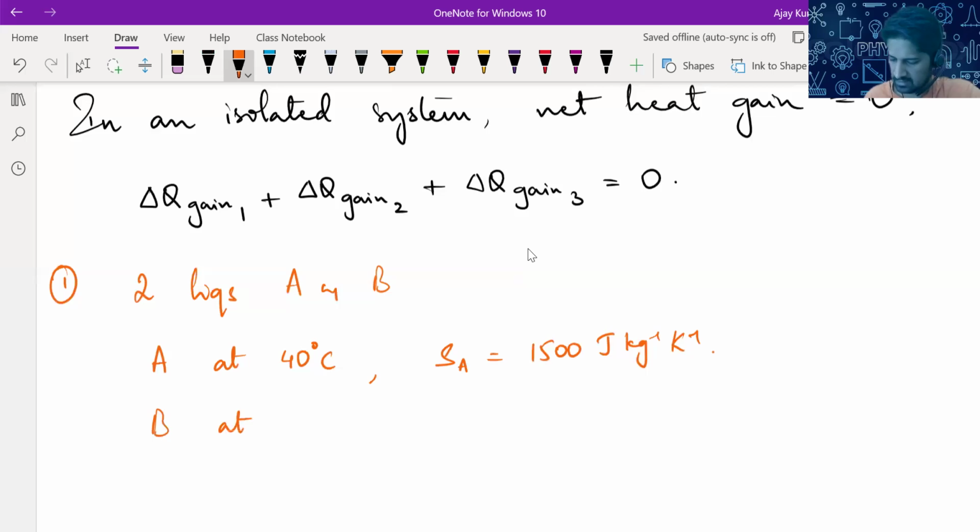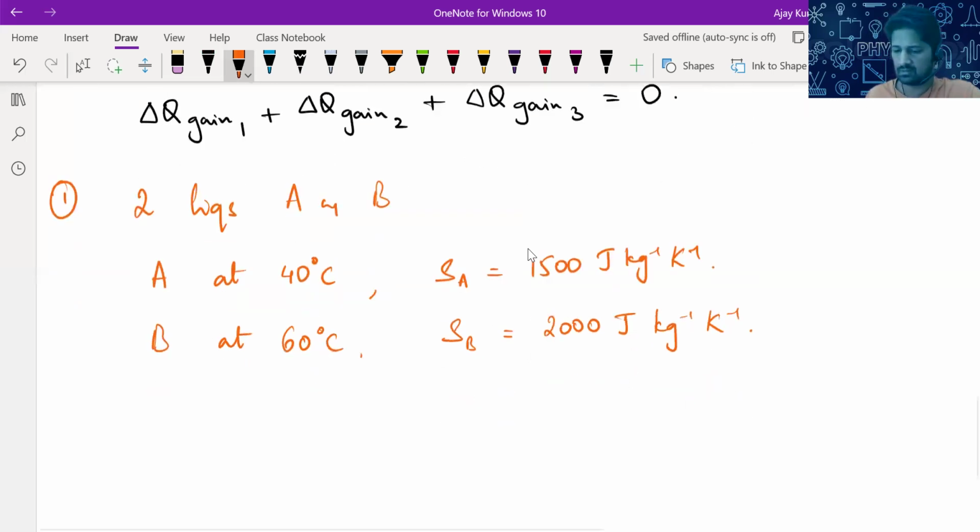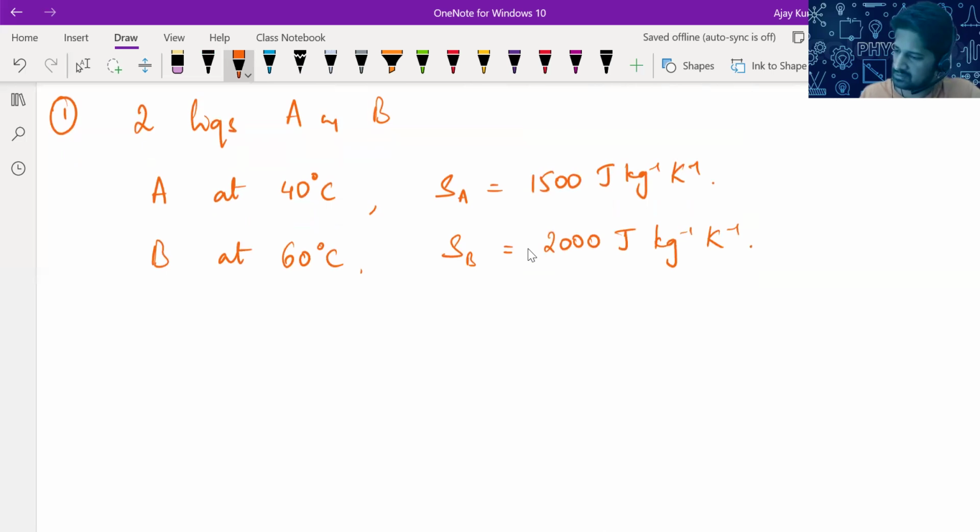B is initially at maybe 60 degrees C. Specific heat of B, let's say, is 2000 joule per kg per Kelvin. Now, how much of A and B are there? That also I'll mention. Mass of A, let it be some 2 kg. Mass of B, let it be 4 kg.